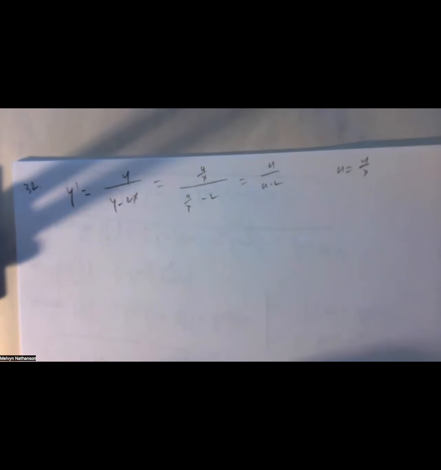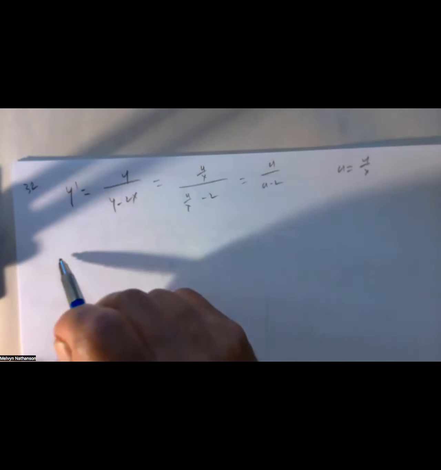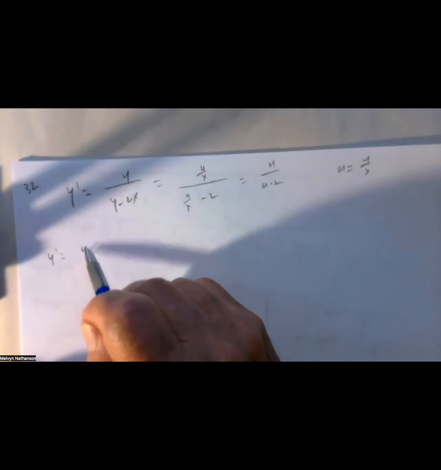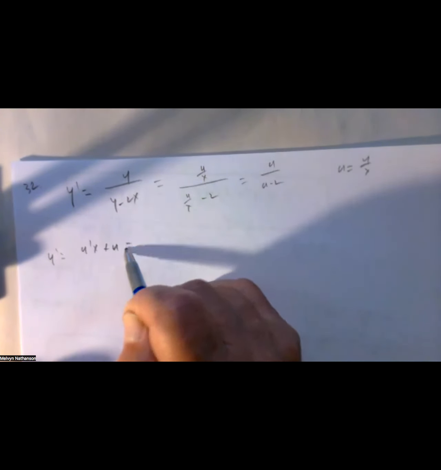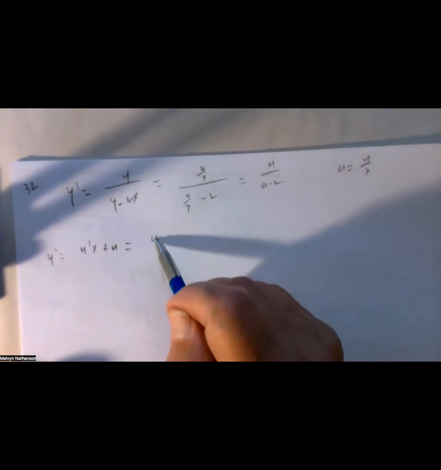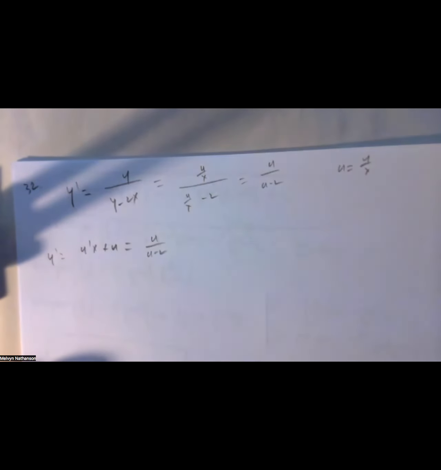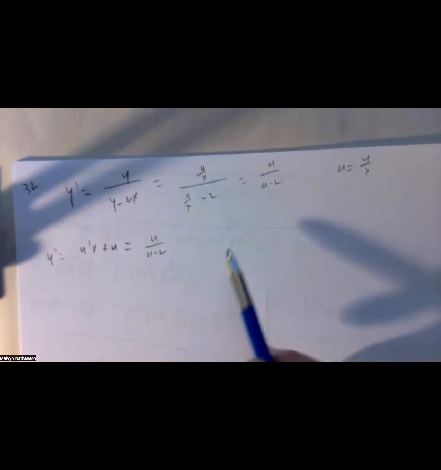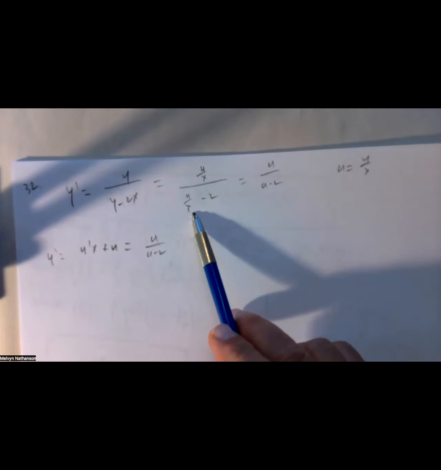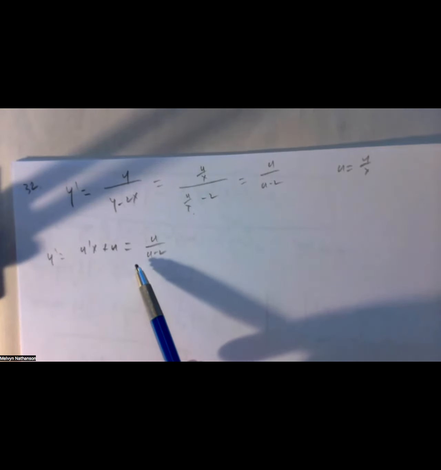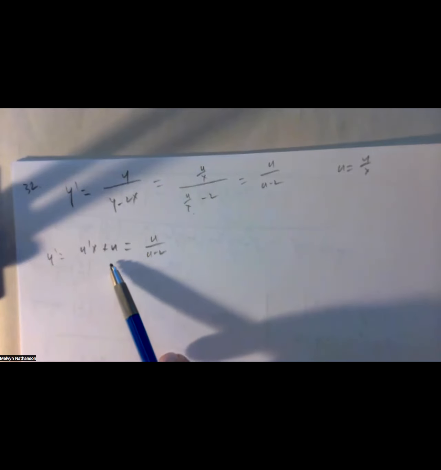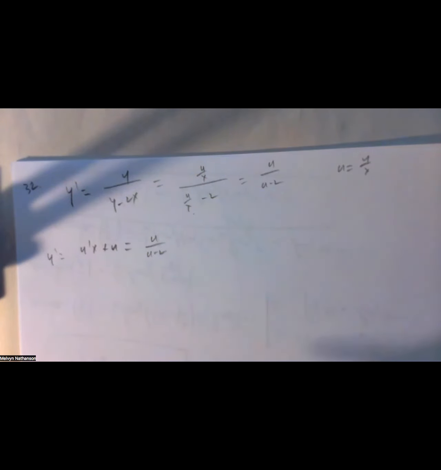y over x. So y equals u times x. Y prime is u prime x plus u equals u over u minus 2. This is a homogeneous differential equation. And if I let u equal y over x, I get this differential equation.